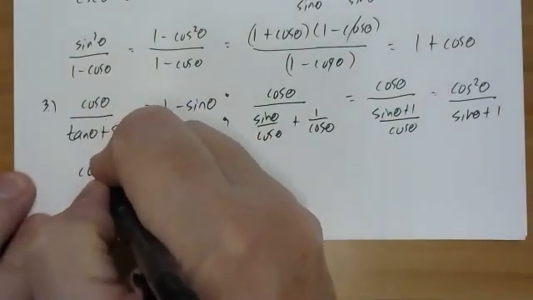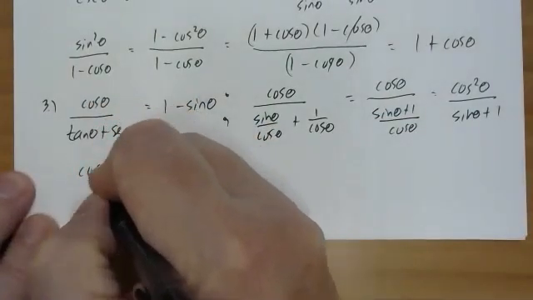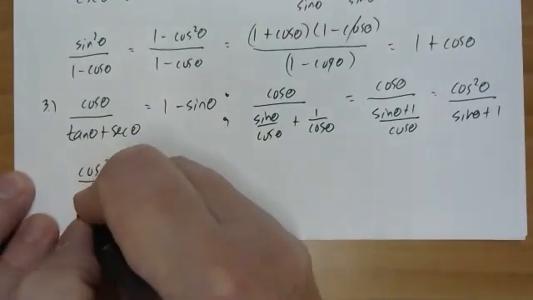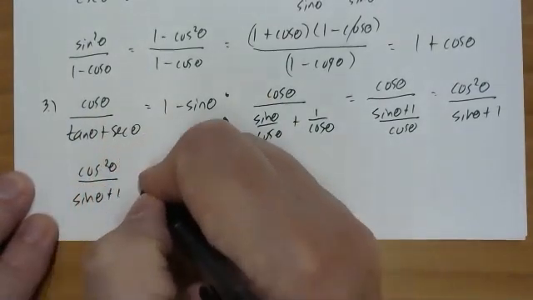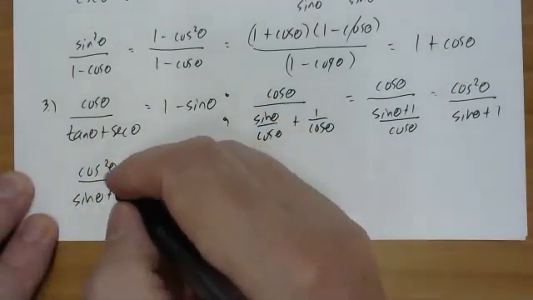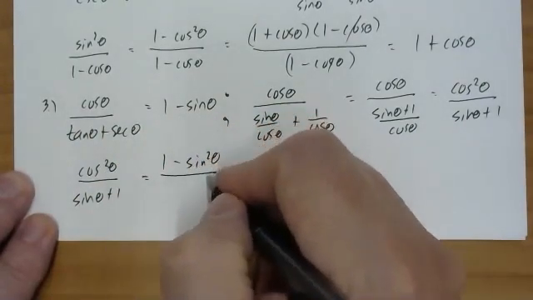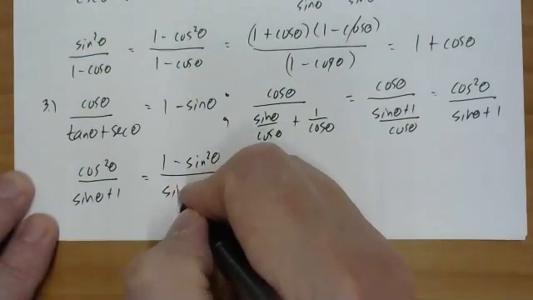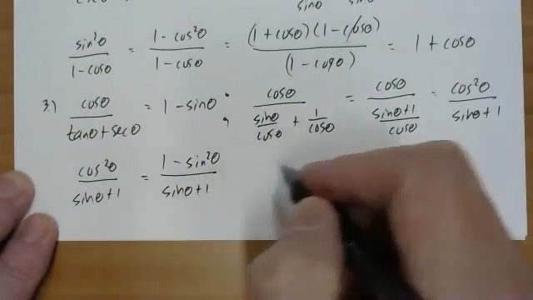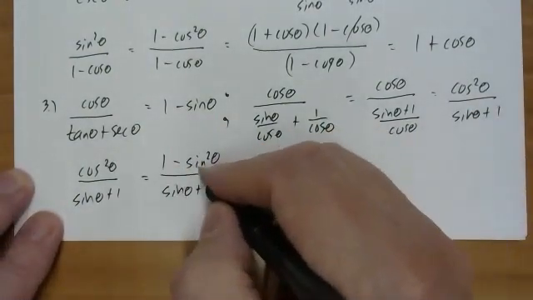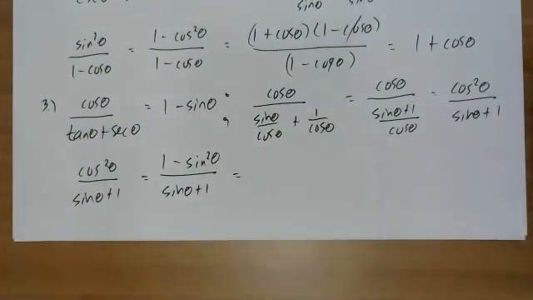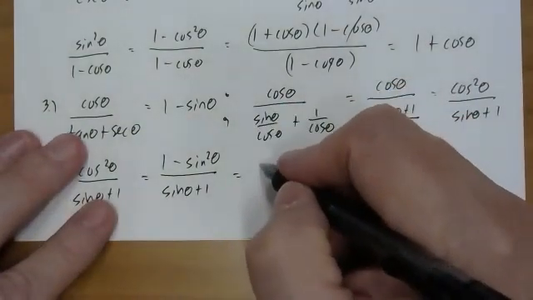So if I go down here, instead of cosine squared theta, 1 minus sine squared theta over sine theta plus 1. The numerator I can think of as the difference of squares.